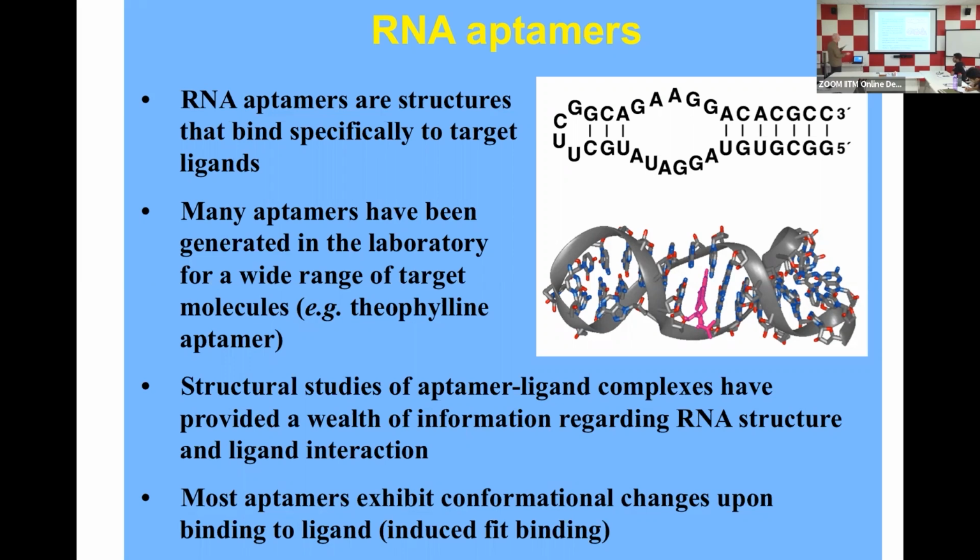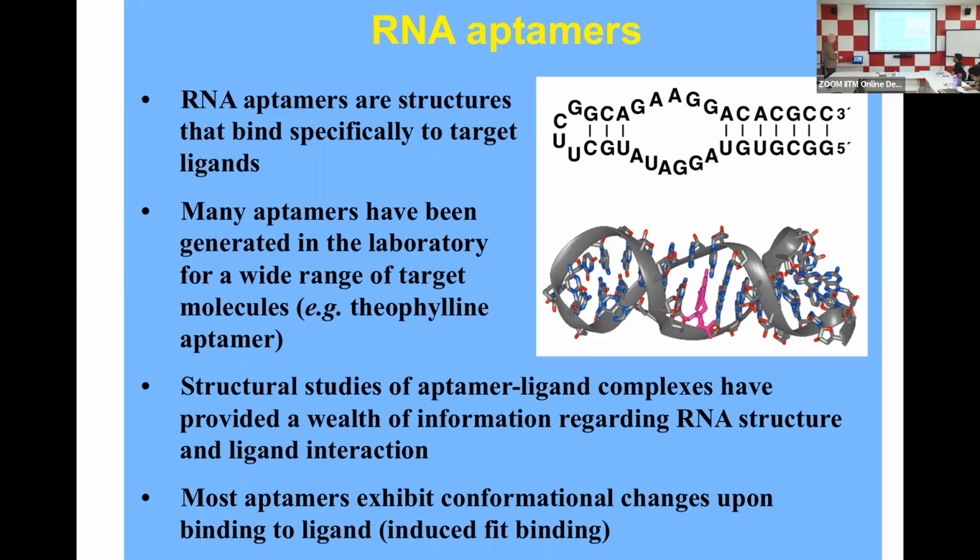For instance, there is a very well-known aptamer that binds theophylline. That's a well-known compound. And also, it is possible to generate these aptamers in an artificial way. You can generate a combinatorial library of these bases here, and then you can check whether one of the combinations will bind a molecule of your choice.